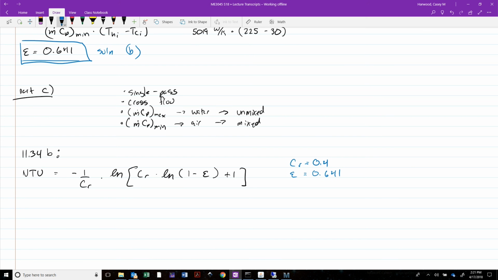So this is going to be negative 1 divided by 0.4 times natural log 0.4 times natural log 1 minus 0.641.